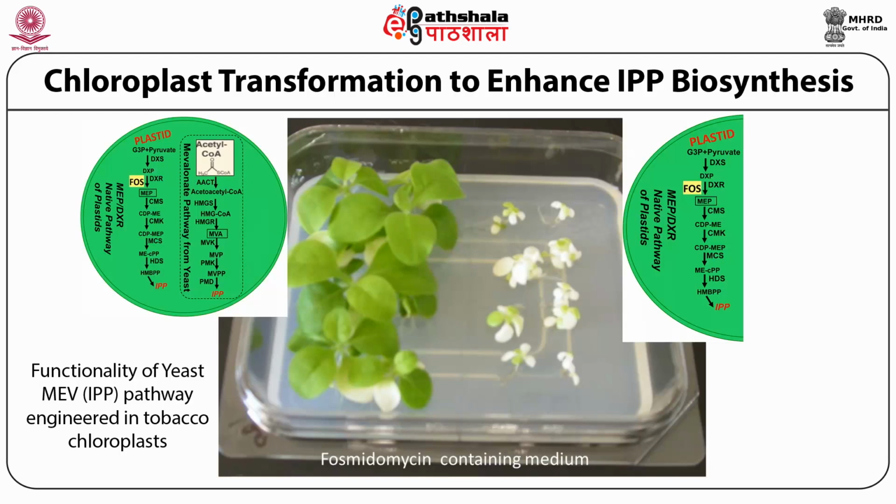So the plants on the left side are healthy. This way we have shown the functionality of the whole pathway in the chloroplast. So instead of two pathways, now these transgenics have three pathways producing the IPP, which can be further utilized for some useful application.